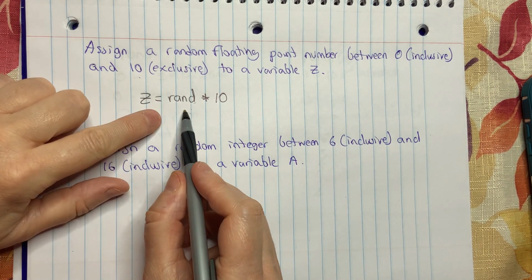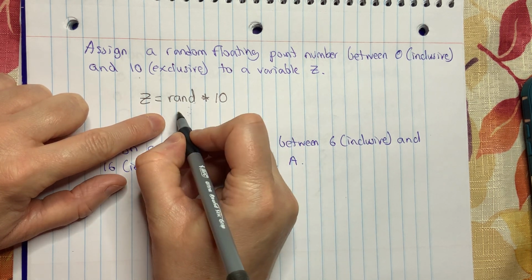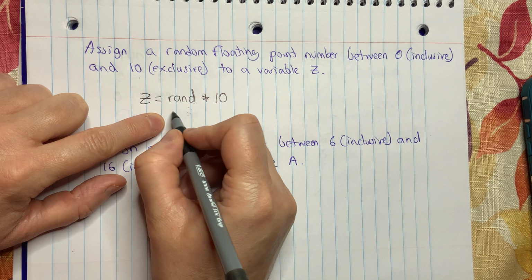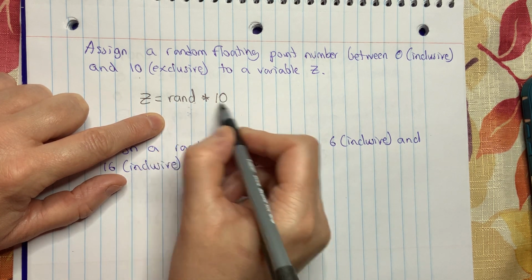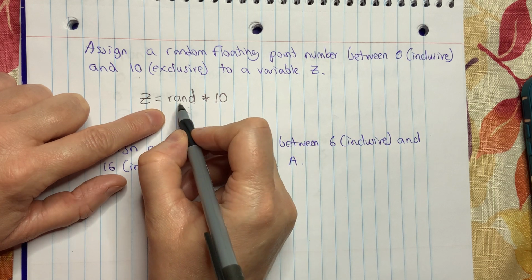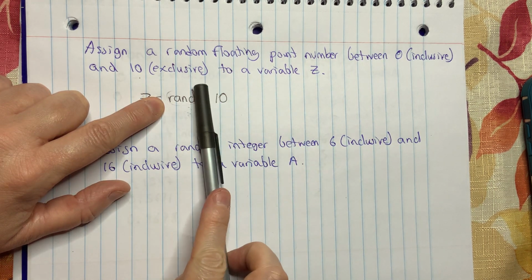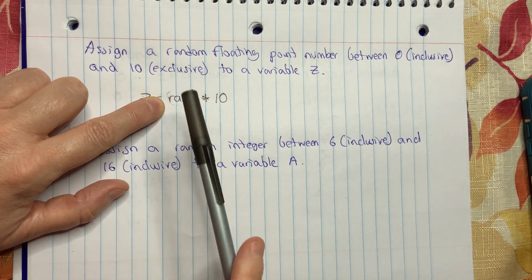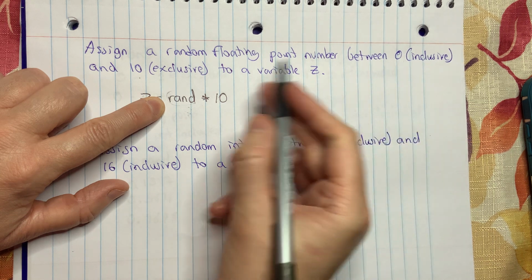And so the way this works is that when you run RAND, it starts at 0, basically is the minimum. So let's say if this works for the minimum. If you say z equals RAND, the computer is going to do this first. So RAND gives you the lowest possible value that it can give you, 0 right here.